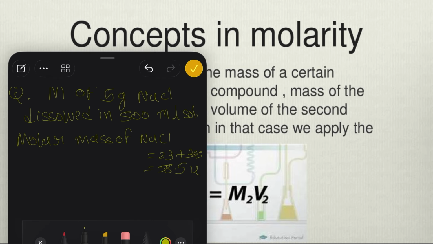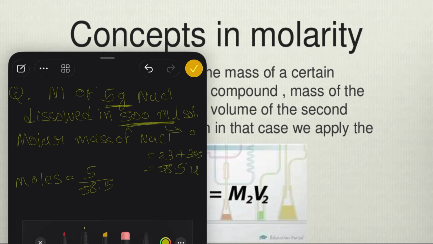Okay, let's go to the next step. What are our moles? 5 gram given mass divided by the molar mass of NaCl, which is 58.5. Convert milliliter into liter.